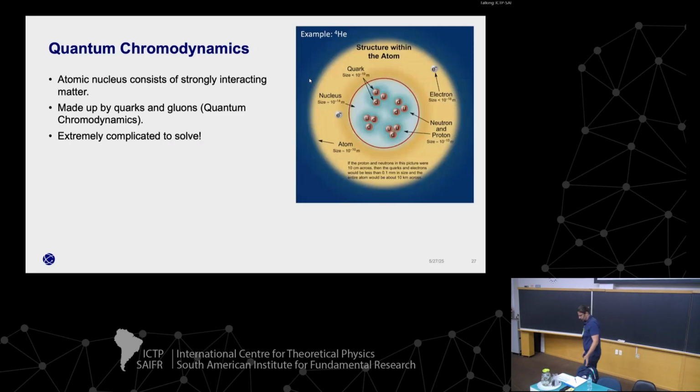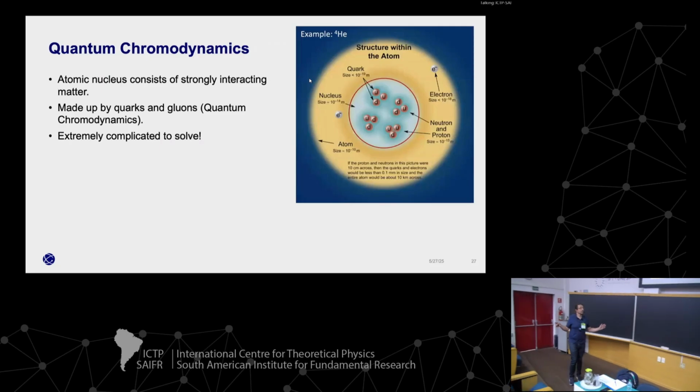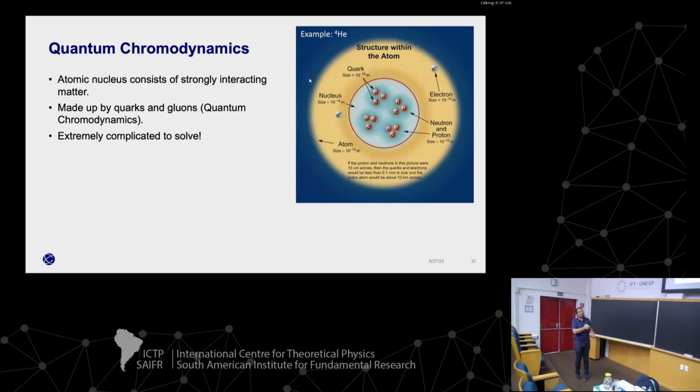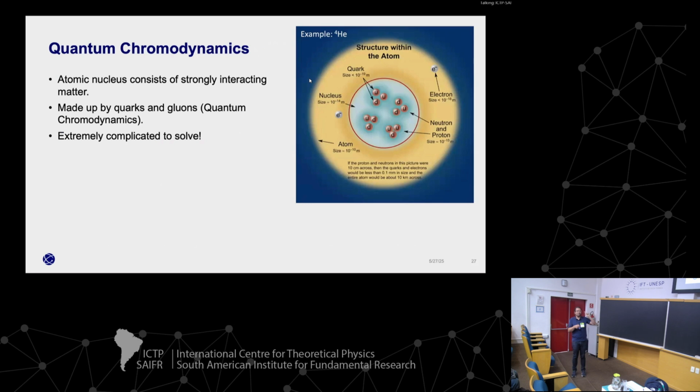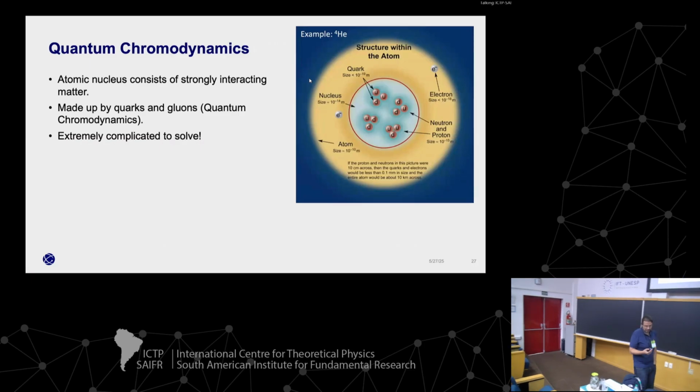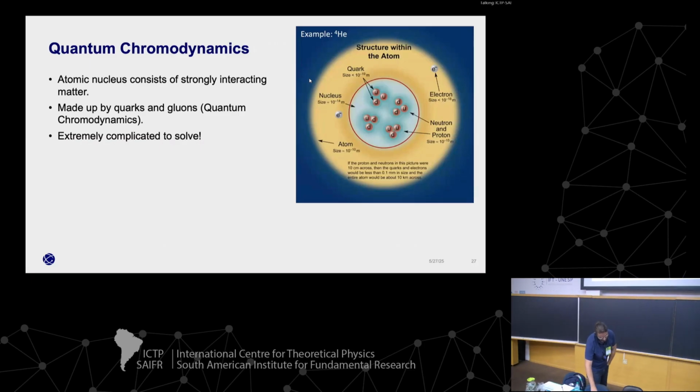OK, so in everything I'm going to talk about, I will not use the quark picture. So here, that's the helium-4 atom. Let's ignore the shell and just focus on the nucleus. The goal of Ab-initio nuclear theory, depending on who you ask, is not to describe the system in terms of quark degrees of freedom and their gluon exchanges and so on and so forth, because it's extremely complicated to solve.